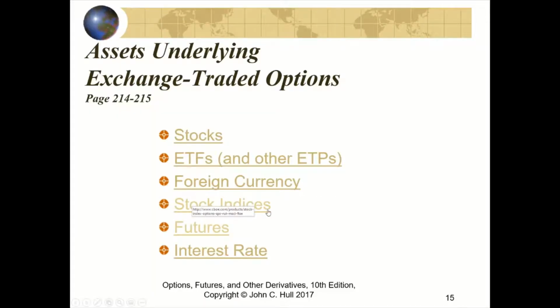For stock indices, the CBOE, and also for ETFs, is the largest market that offers exchange traded options. The Chicago Mercantile Exchange, or the CME Group now, offers options on futures and also offers options on interest rates.